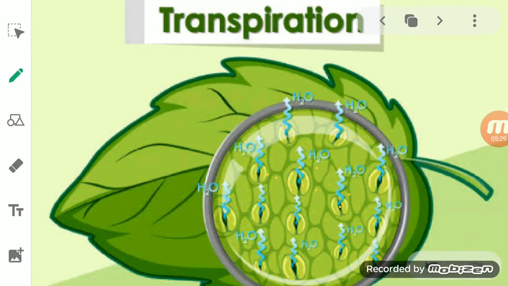So this is the process of transpiration, the removal of the extra amount of water in the form of water vapor, known as transpiration.